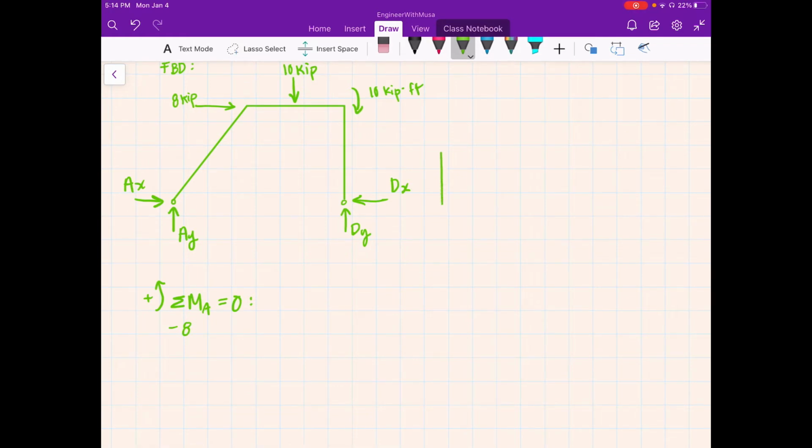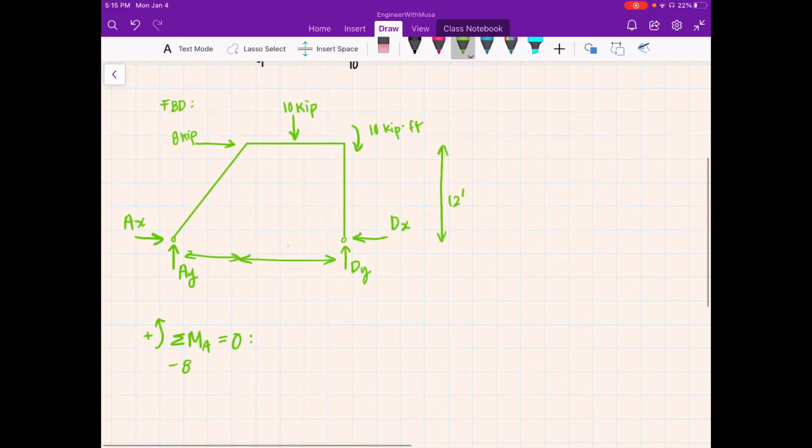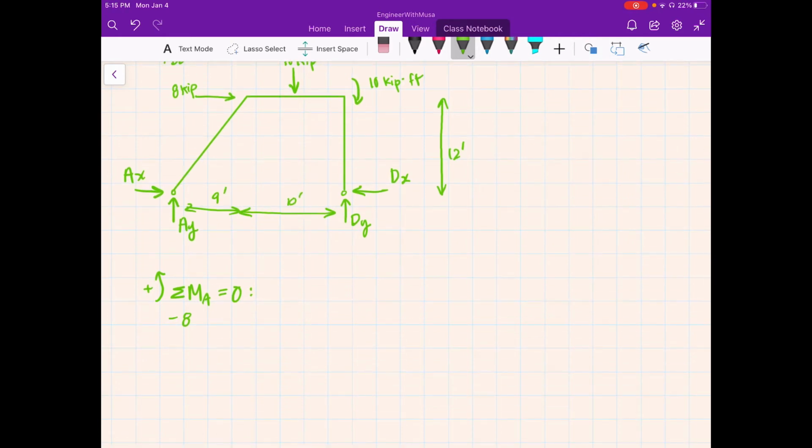So we know that this height is 12 feet. This segment over here is 10 feet and 9 feet. So we have 8 kip times 12 feet minus 10.